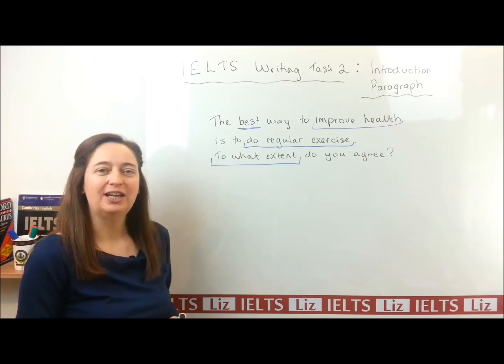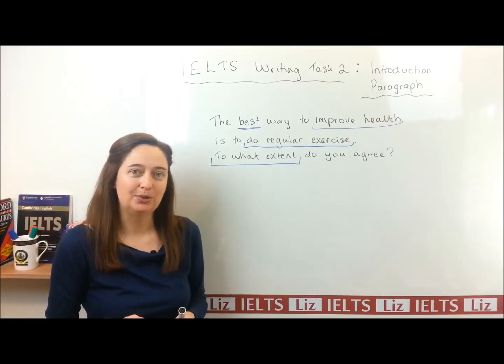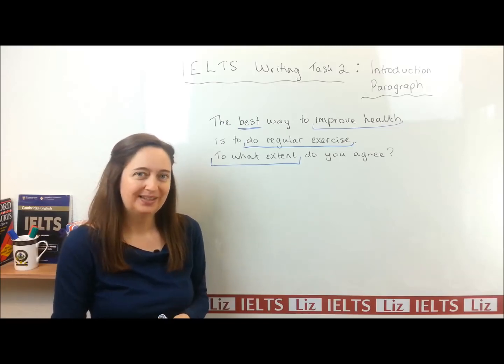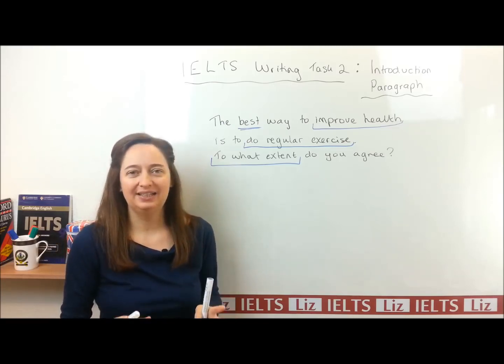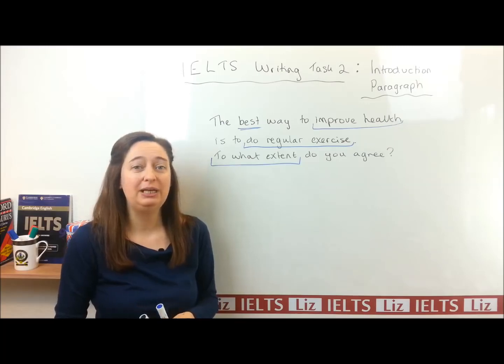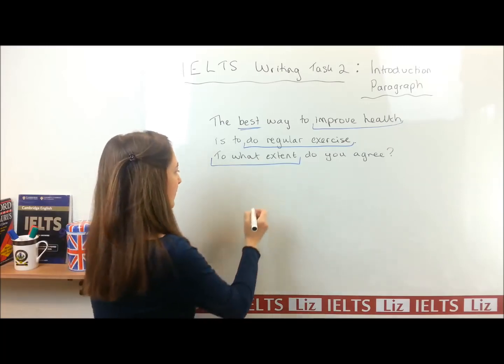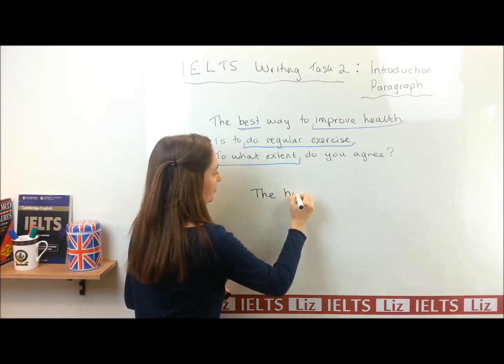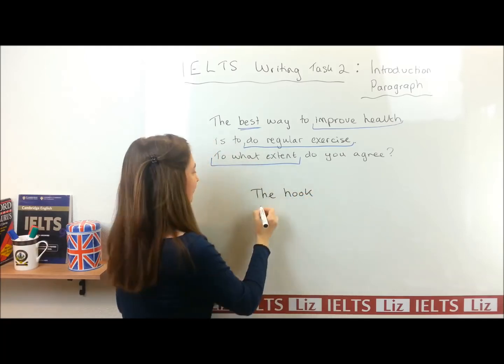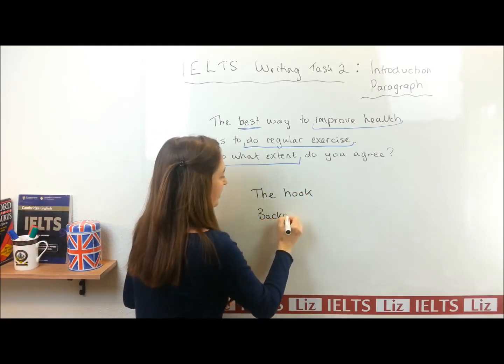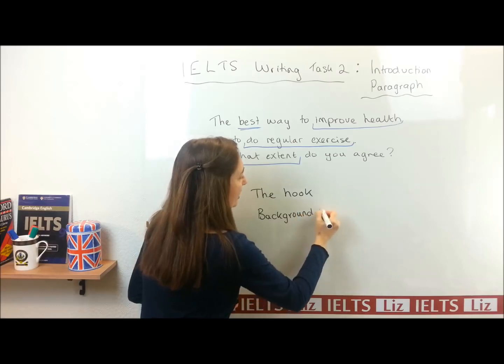Right, well, let's have a look at what information we need to put in our introduction. Now, for many academic essays, there are 3 parts to the introduction. There's the hook. There's a background statement.